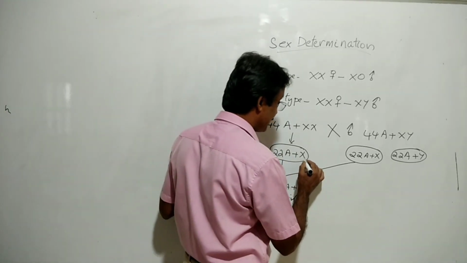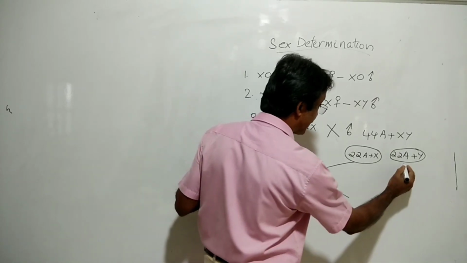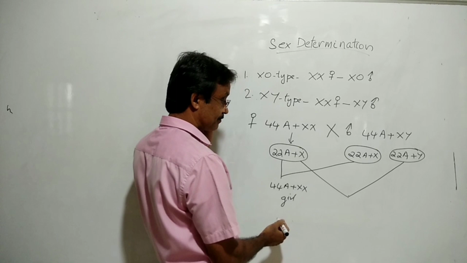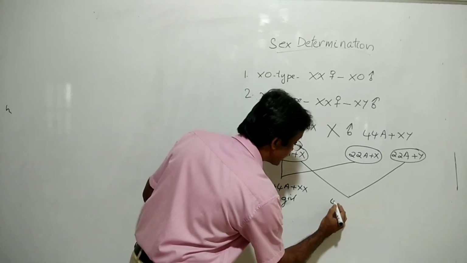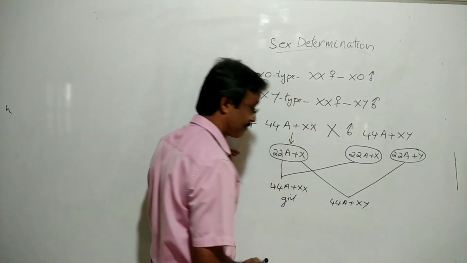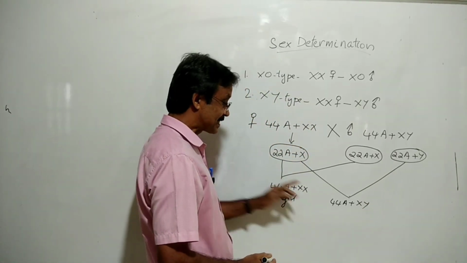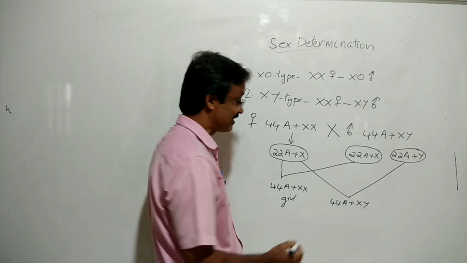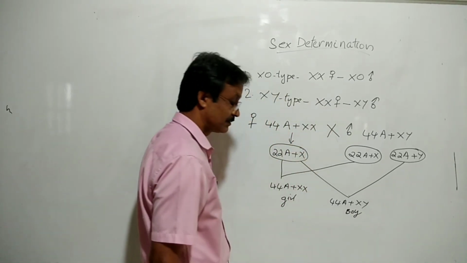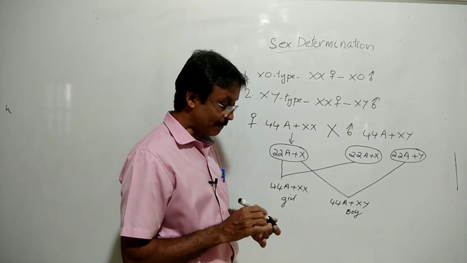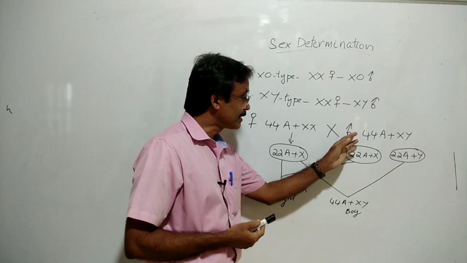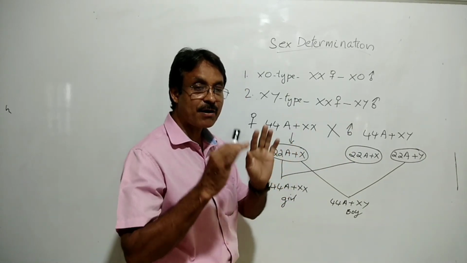Then when the ovum is fertilized with the second type of sperm, the chromosomal pattern is 44 autosomes plus XY. What is the sex of this? Yes, it is boy. So in human beings, mother or father is determining the sex of the child?